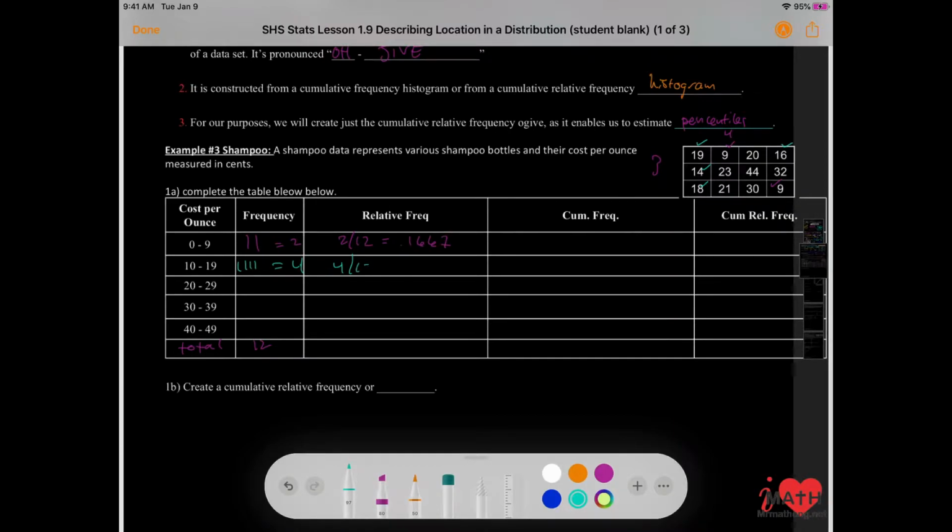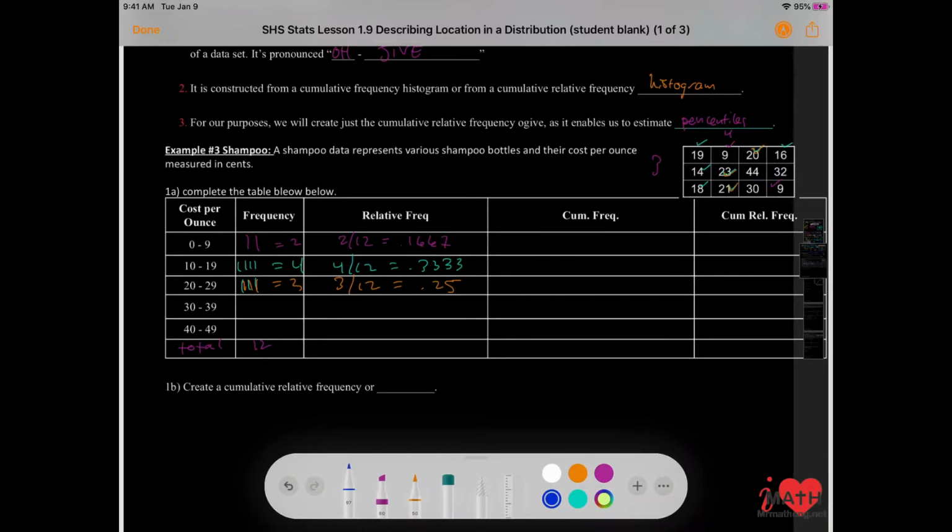So 4 out of 12 gives me 0.333. 20 to 29. 1, 2, 3. 3 out of 12 is 25%.